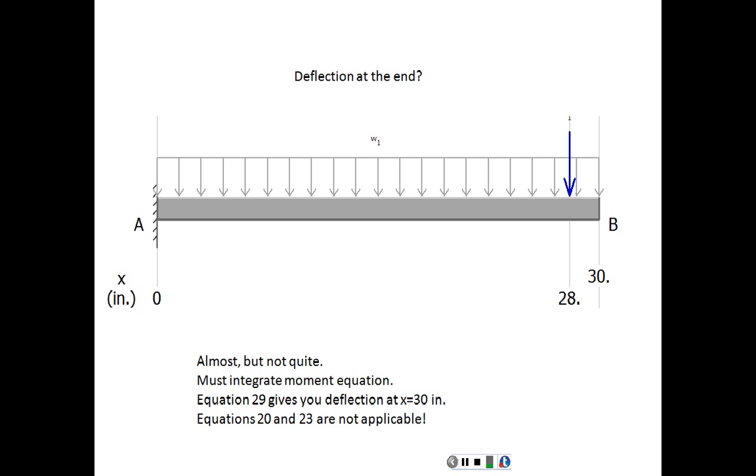Because of the displacement boundary condition at the right end, you could do it by geometry in this case if you said the beam was 28 long because it does not deflect. Oh, it does because you've got an extra load.